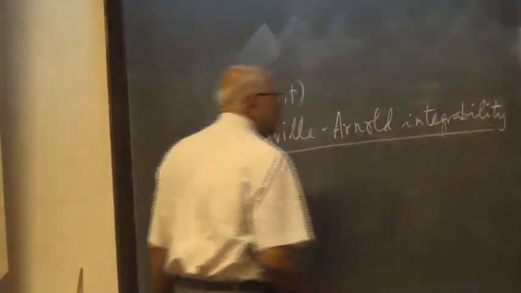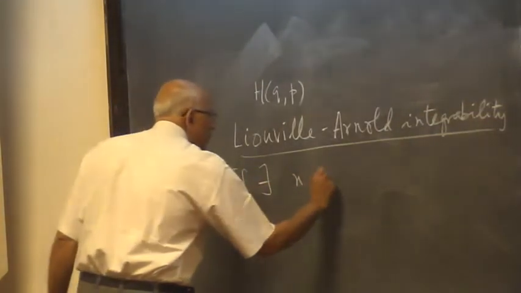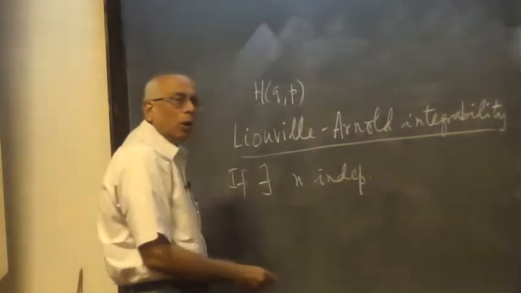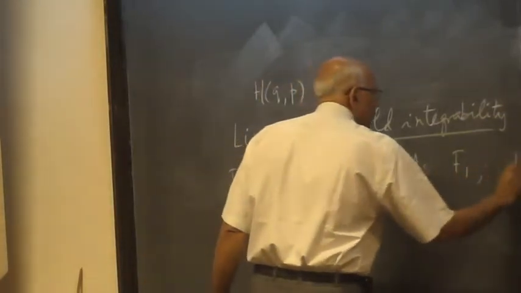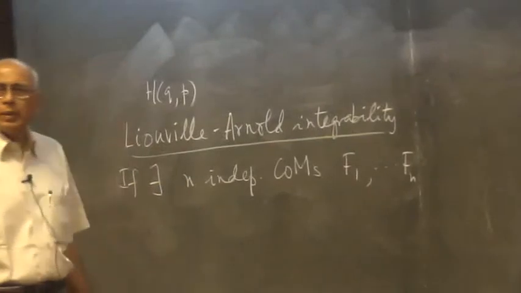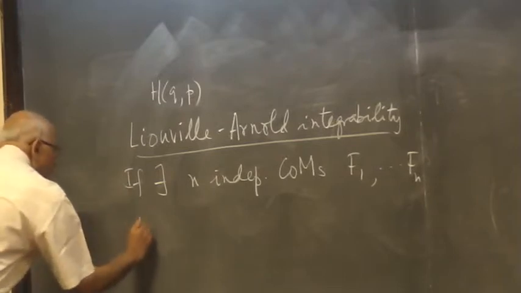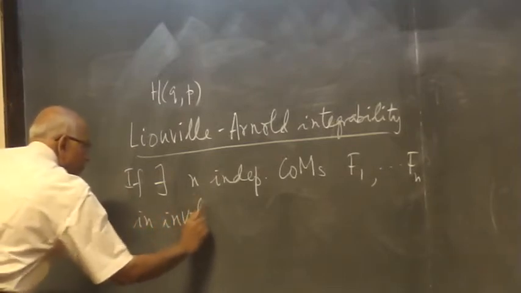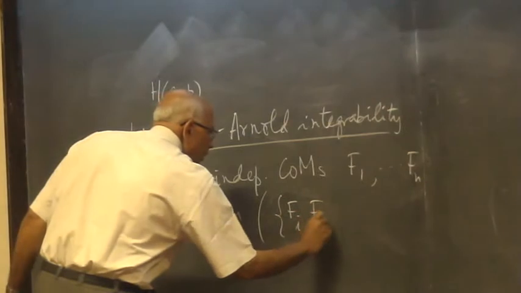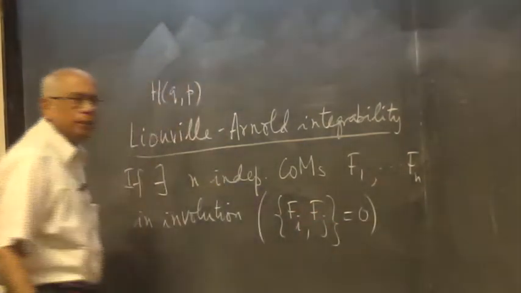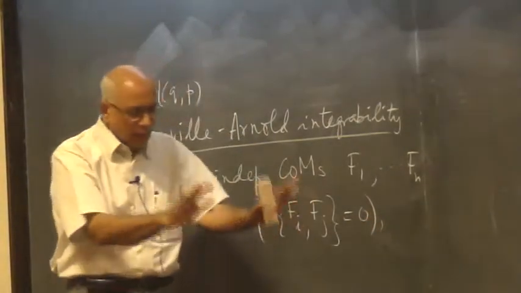The statement is the following. It says, if there exist n functionally independent constants of the motion, F1 through Fn, which are nice, smooth, analytic functions of the Q's and P's, in involution, which means that the Poisson bracket of any Fi with any Fj equals 0. It doesn't say how you find these things, it just says if they exist.